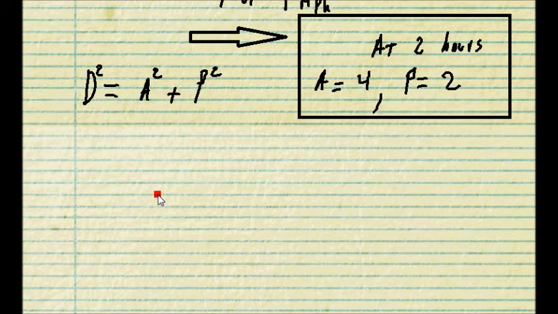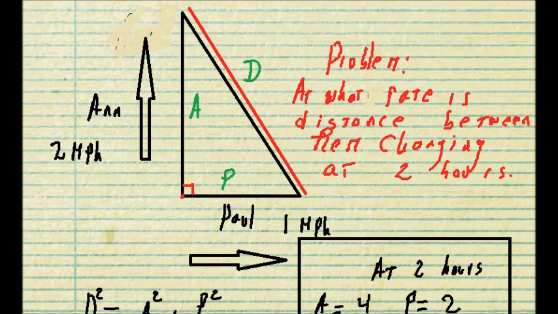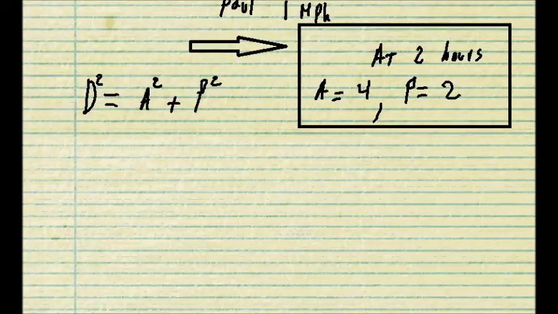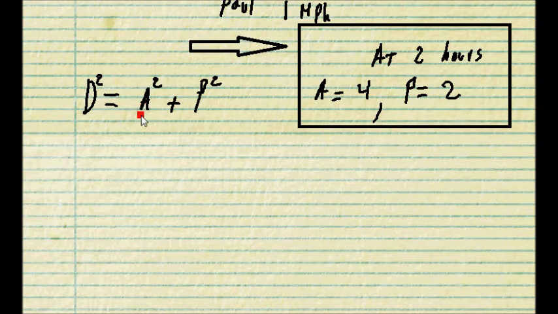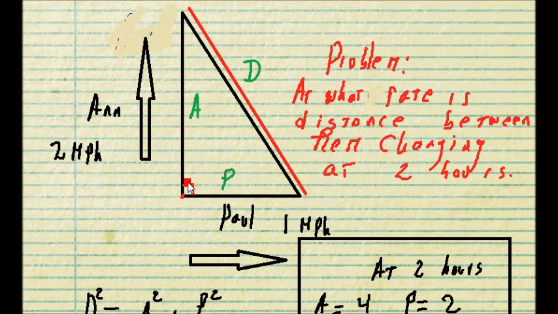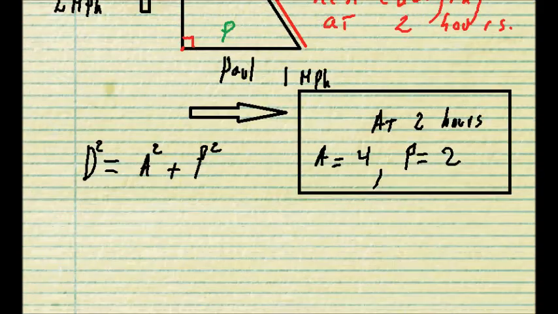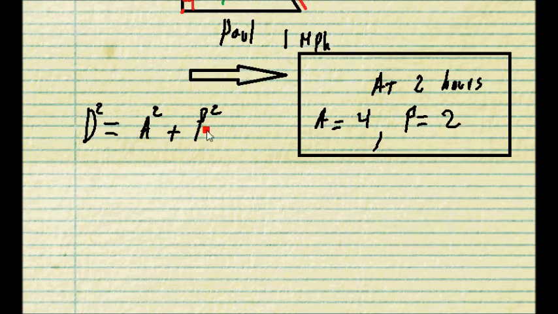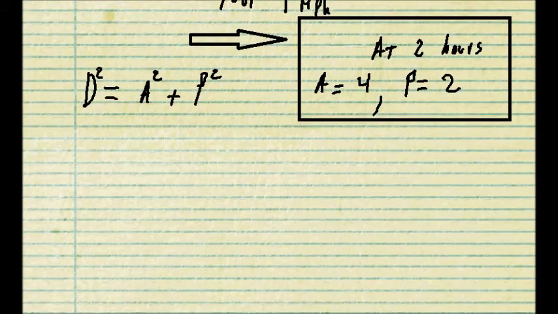My objective is to find the rate of change of D, this distance here, when the time elapsed has been 2 hours. If you don't know how to differentiate implicitly, you have to review implicit differentiation.